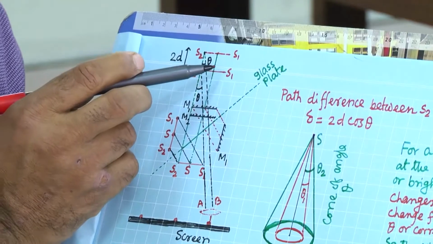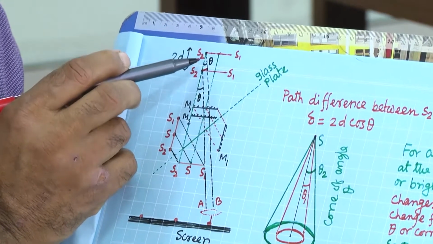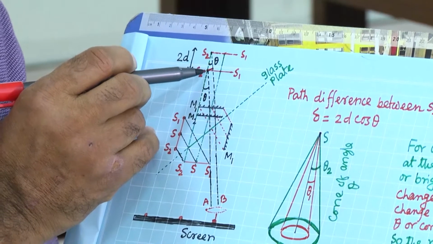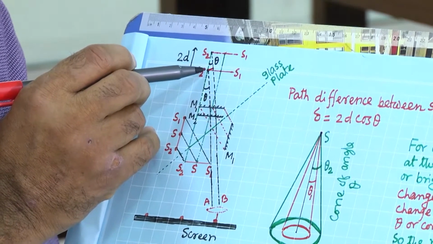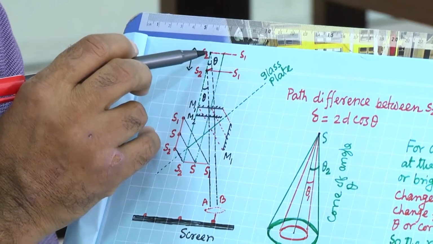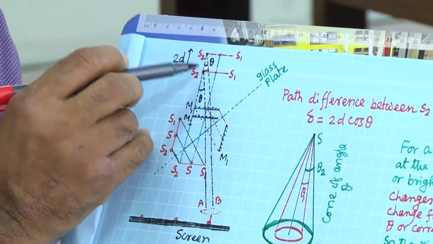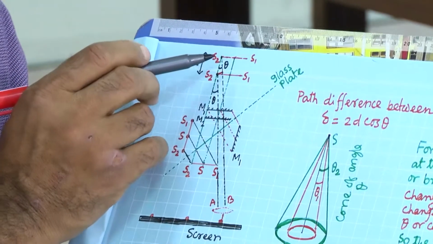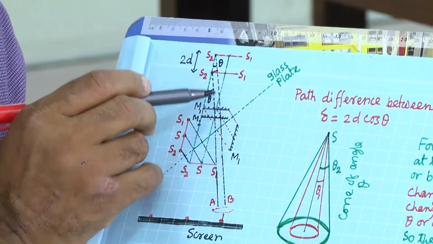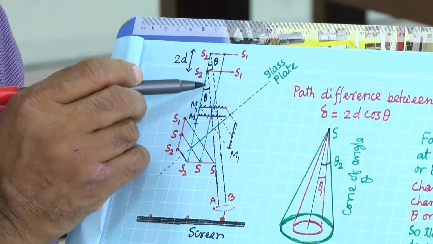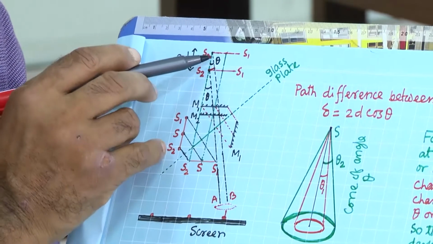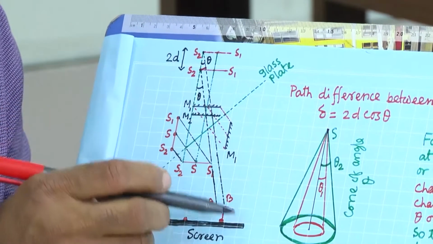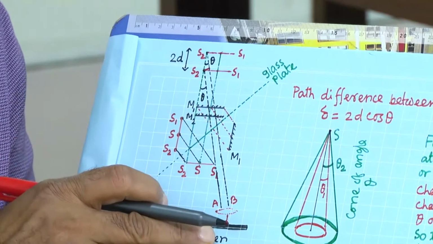Since it is an extended source, we take each point. For a particular ray from this point and from this point, these two are the coherent sources, with rays from this source, say this one, and rays from this source, say this one. They come at a particular angle theta, and they will be parallel.